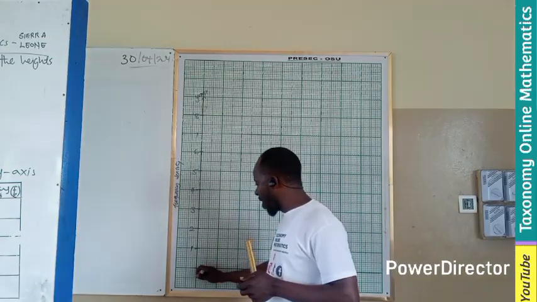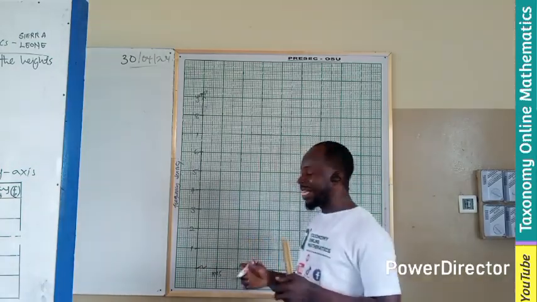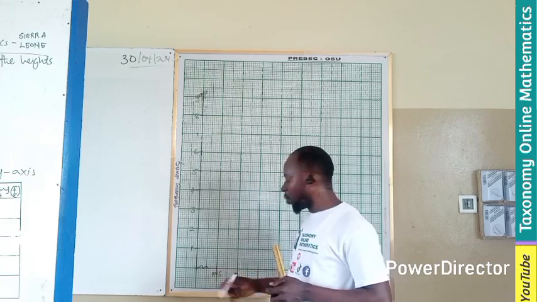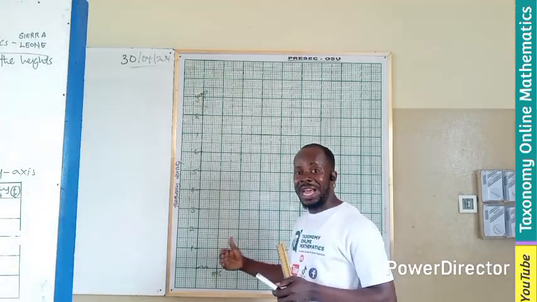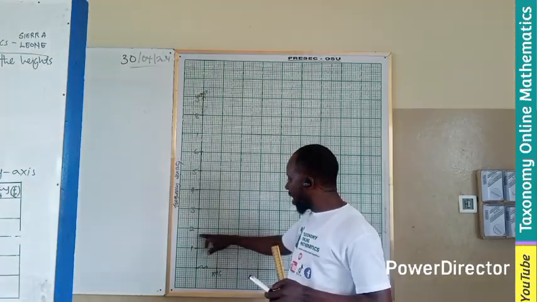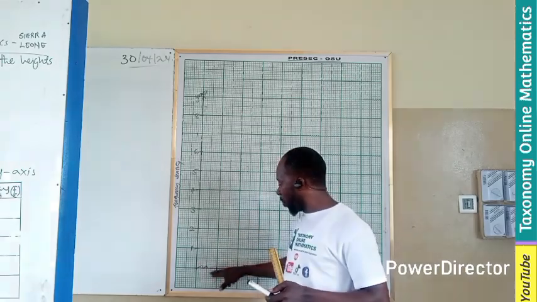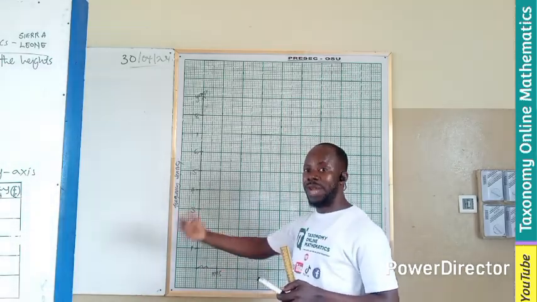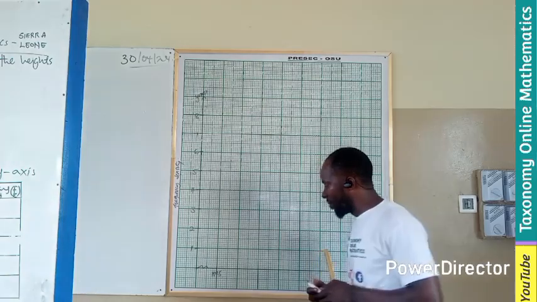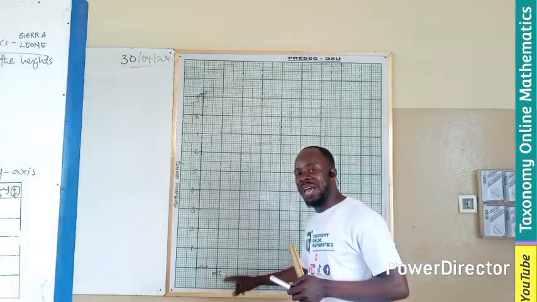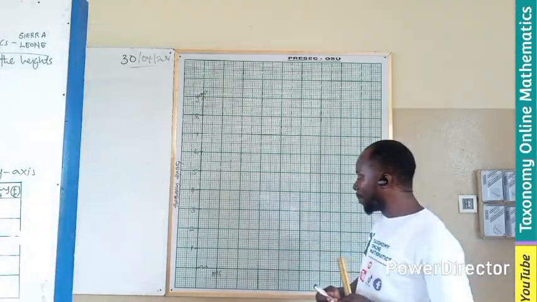So this part of the graph will not be included in our scale. When I'm going to mention the scale on the x-axis, which is every 2 centimeters to 5 units, this 0 to the first number will not be included. Alright, so if it is 5, it means I'll be adding 5 to every preceding term.